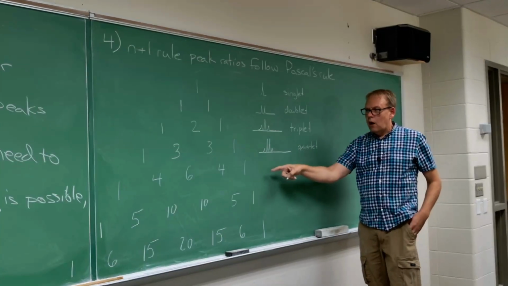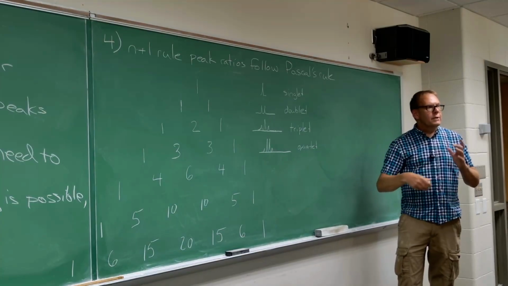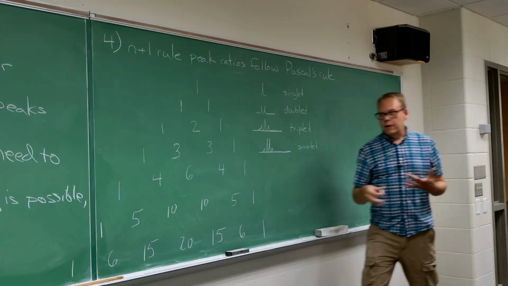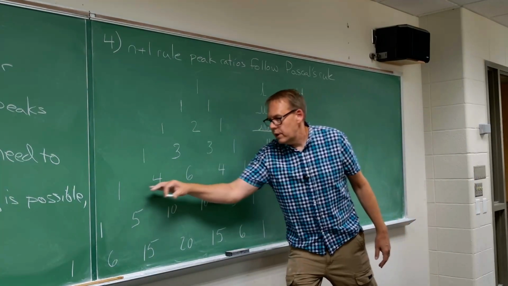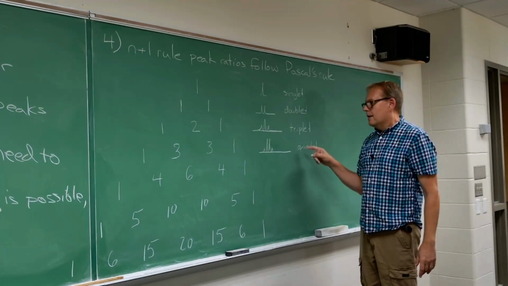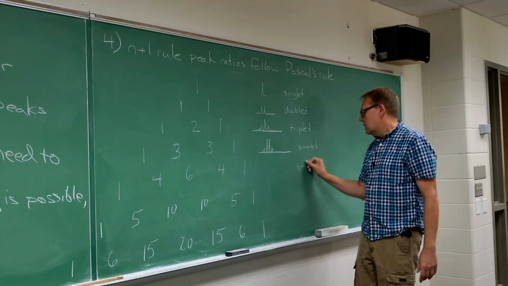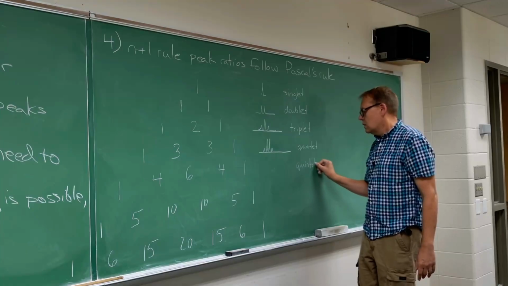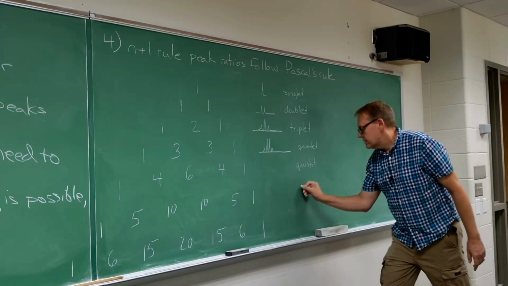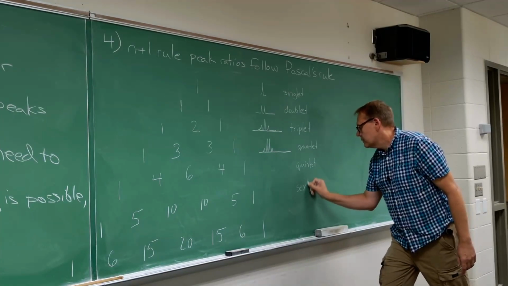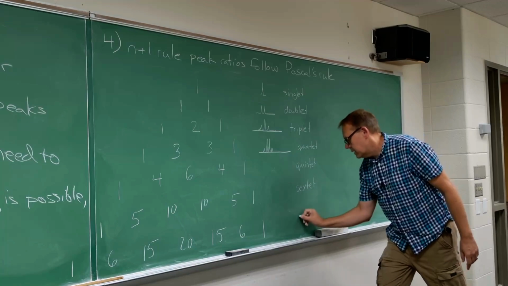And as you go down, you get the same kind of pattern where the areas mimic the ratios in Pascal's triangle. When you have 5, it's called a quintet. When you have 6, it's called a sextet. When you have 7, it's called a septet.